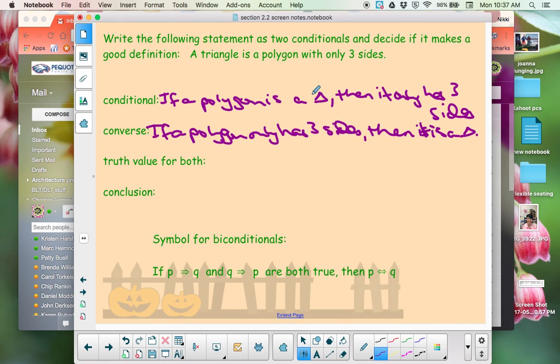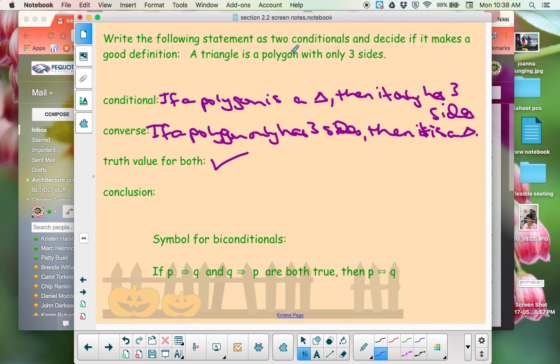If a polygon is a triangle, then it only has 3 sides. That would be true. If a polygon only has 3 sides, then it's a triangle. That would be true too, because by definition a polygon is a closed figure with segments for sides. And so if it only has 3, so we would say check. And that is true. Since both are true, it makes a good definition.